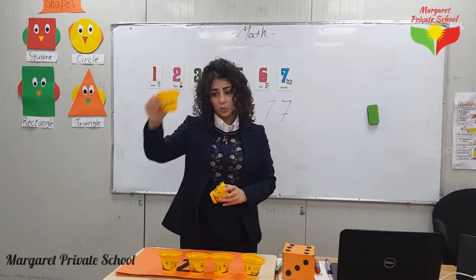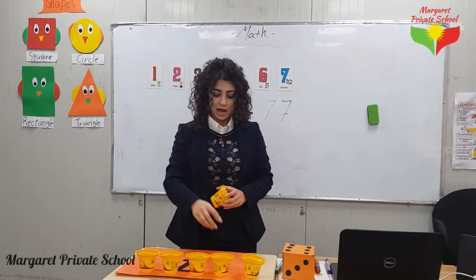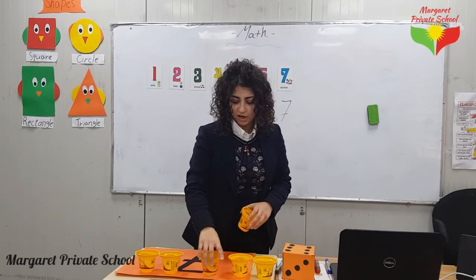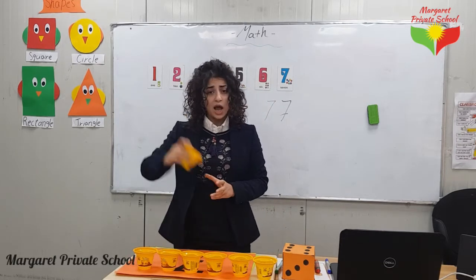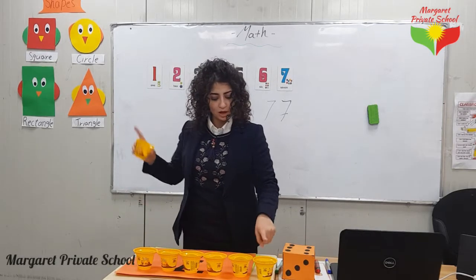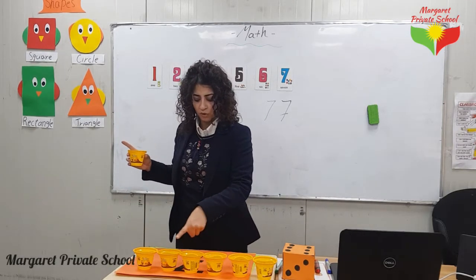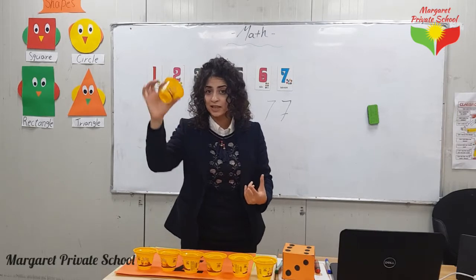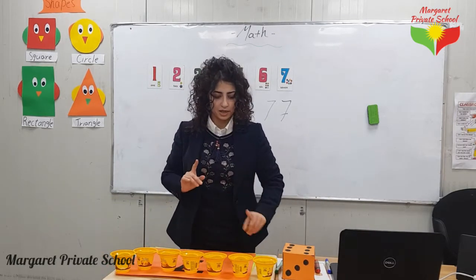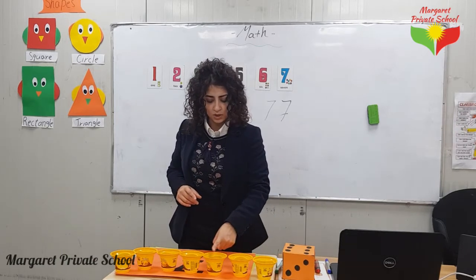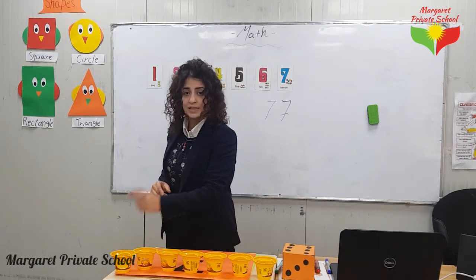After 4, we have 5. After 5, we have 6. After 6, let's count: 1, 2, 3, 4, 5, 6. After 6, we have 7. So we have 7 ice creams. Let's count: 1, 2, 3, 4, 5, 6, 7.